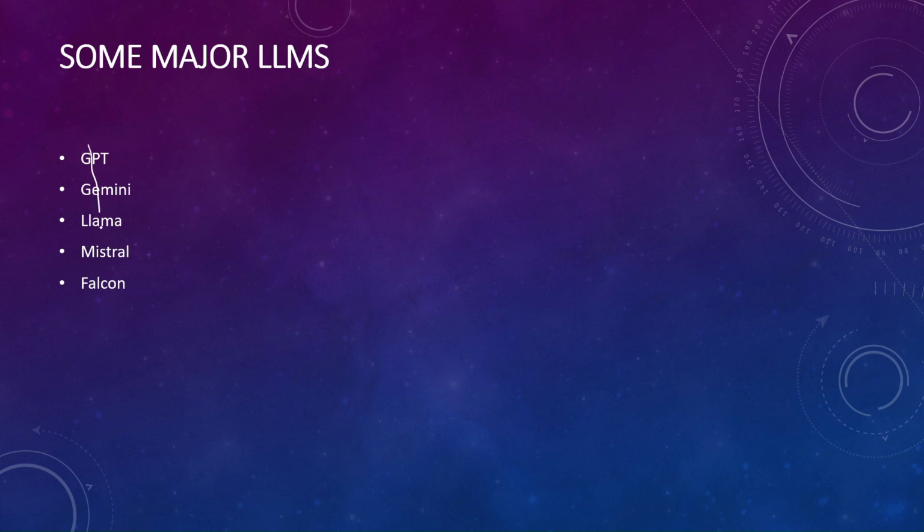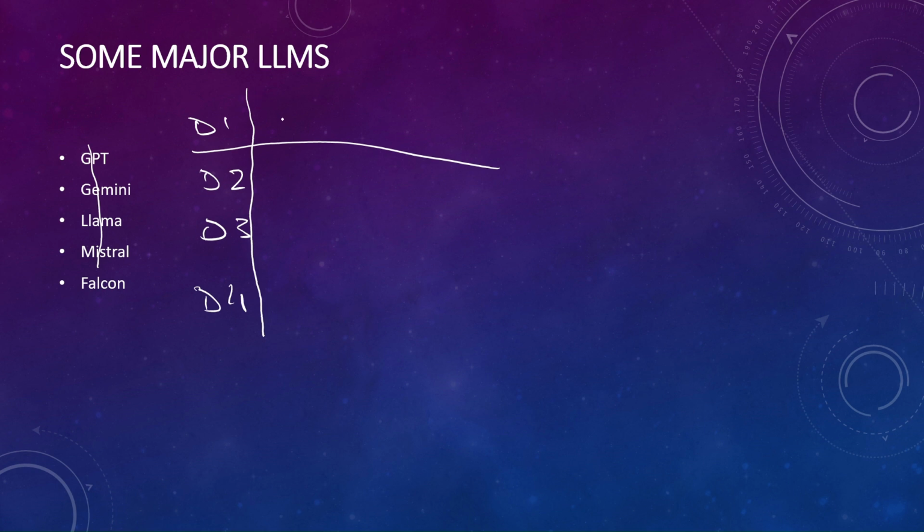Just ignore all of this text here. For example, we have four different input prompts for our generative model: D1, D2, D3, and D4. This is the first column, and in the second column we have the prompt itself. The first prompt is "Lahore is in Pakistan."